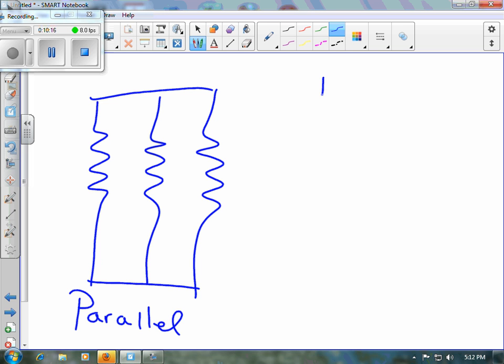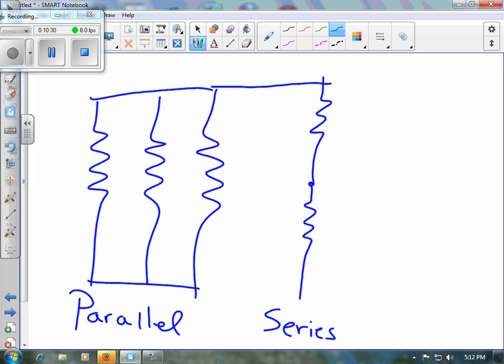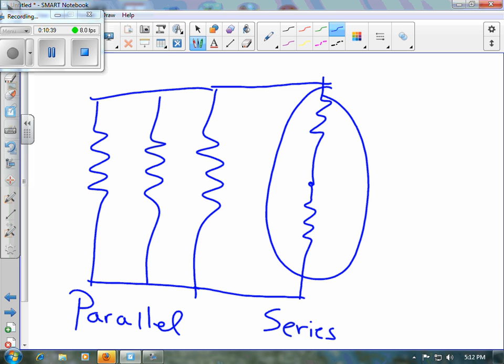These resistors are in series. And so you need to know those terms, parallel and series. And you can have combinations. What if I went like that? Now I got parallel and series. What I would do is I would figure out this equivalent resistance first, then do the rest of the network. And we'll talk about the rules for how you do this.